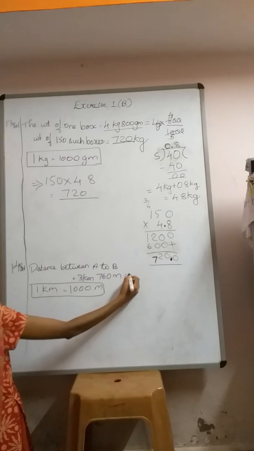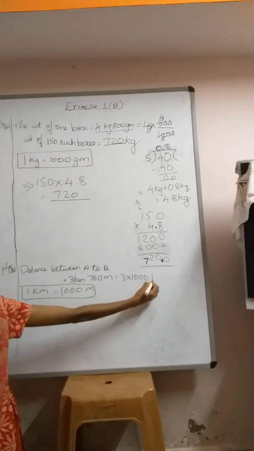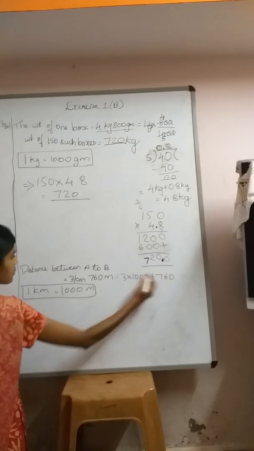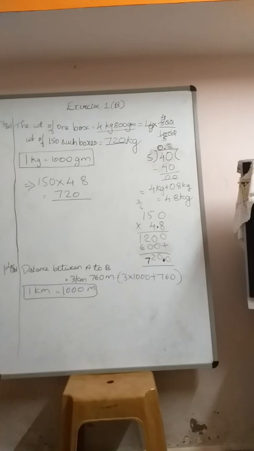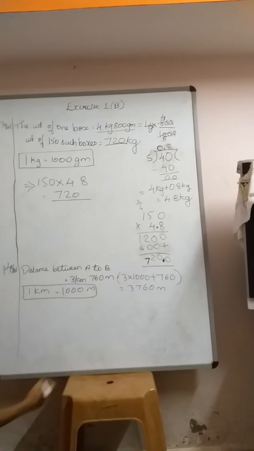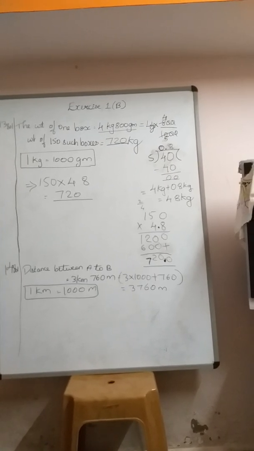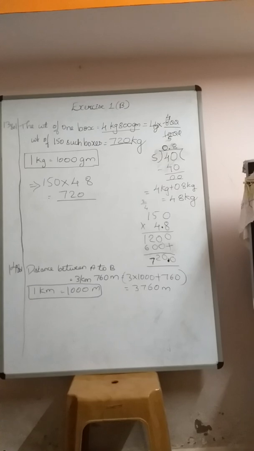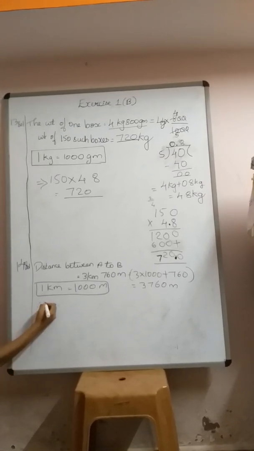So 3 kilometer is 3 into 1000 plus 760. So what is the answer you get? 3760 meter.